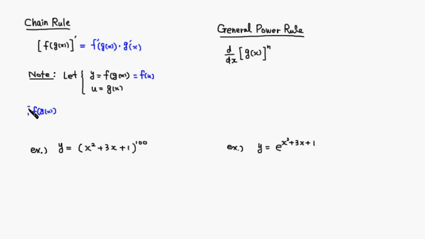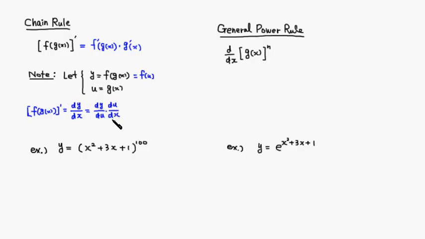since this is a derivative of y, we can write it as dy over dx. Can we convince ourselves that dy over dx is equivalent to dy over du times du over dx?